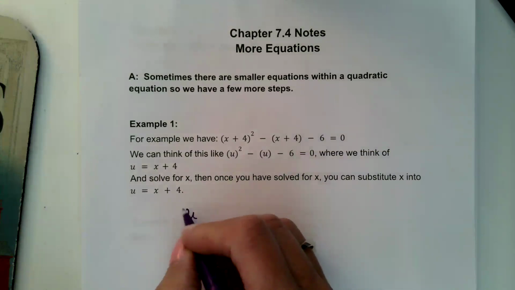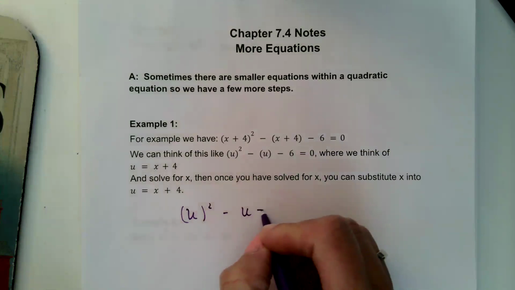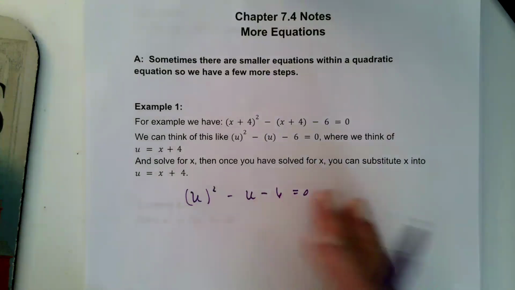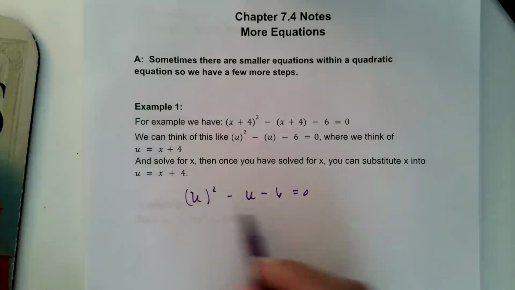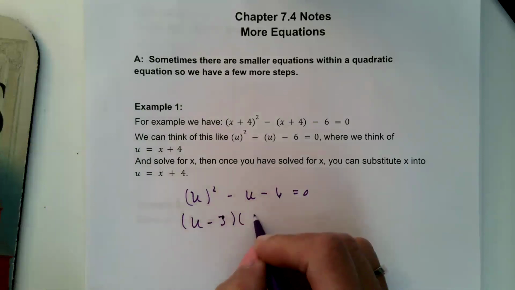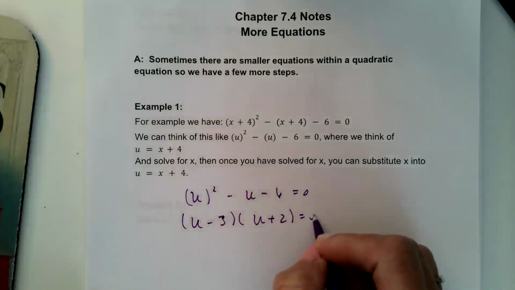So let's look at u squared minus u minus 6 equals 0, and we'll think of this as our original equation. In this case, we could factor this into u minus 3 times u plus 2 equals 0.